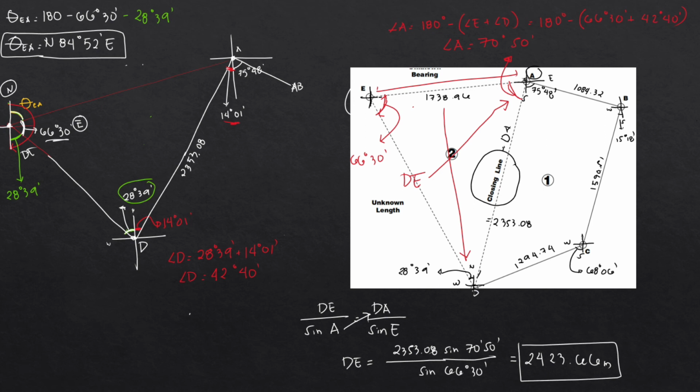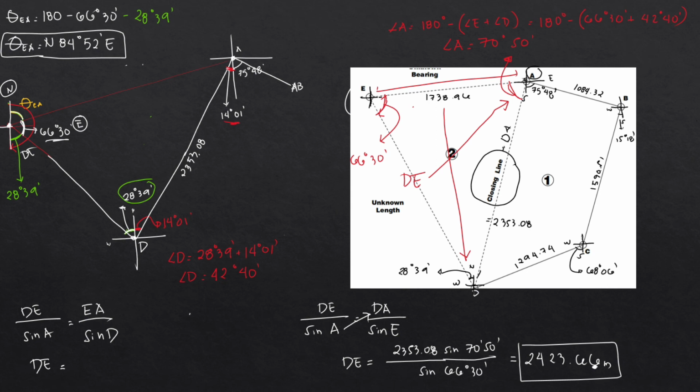Pag ang ginamit nyo naman, pwede rin na DE is over sine A is equal to EA naman, yung ginamit nyong side, pwede rin, over sine, opposite ng EA natin is sine D. Pwede rin yan. Sa decimal lang magbabago yung value natin kasi rounded off na yung ibang values na nakuha natin.